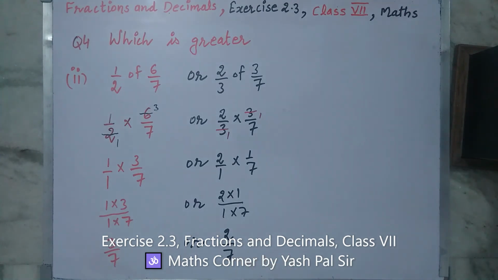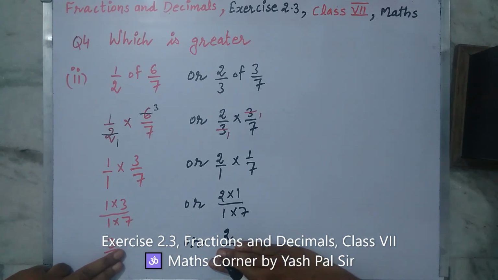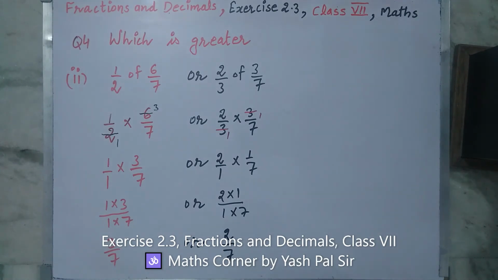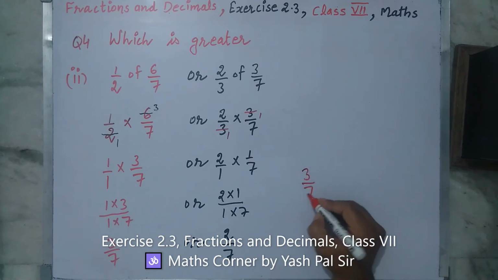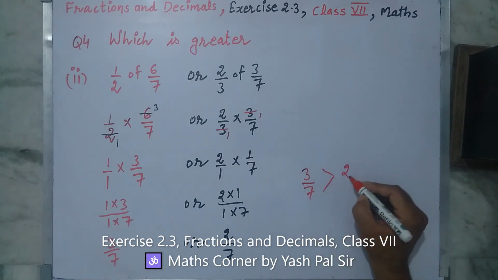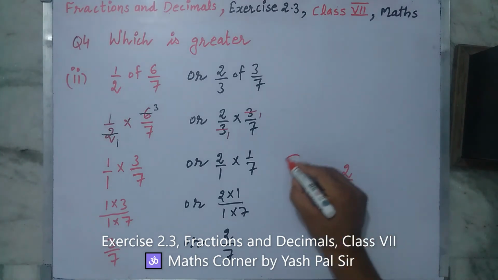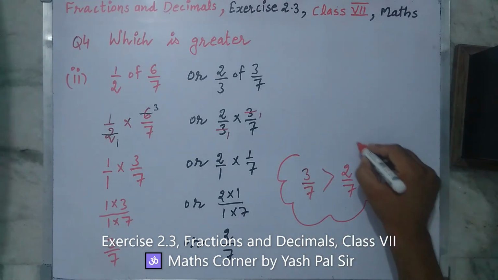So what is the meaning of this? Here it is clear that in 3 by 7 and 2 by 7 the denominator is the same, so we can hide them. We see only 3 and 2. Which is larger? 3 is greater. So we can say the answer is 3 by 7 is greater than 2 by 7. So this is the answer.